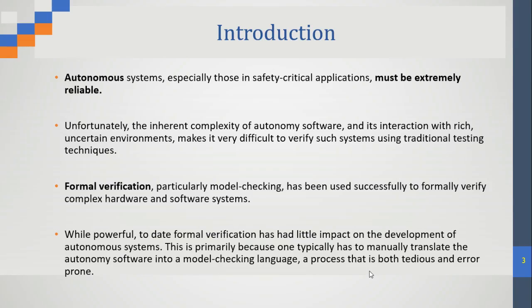One of the well-known methods is formal verification. Formal verification is used to verify real-time systems by exhaustively testing all the possibilities of the system. In practice, there are many tools that can be used to verify the system.